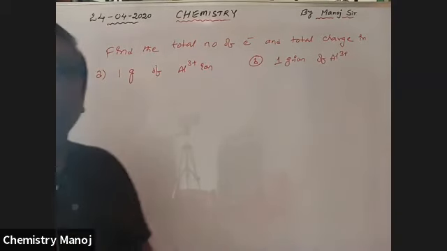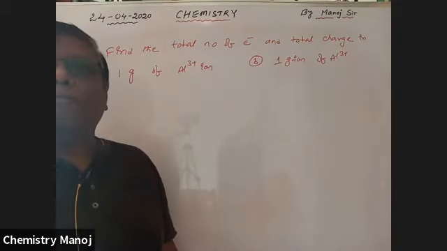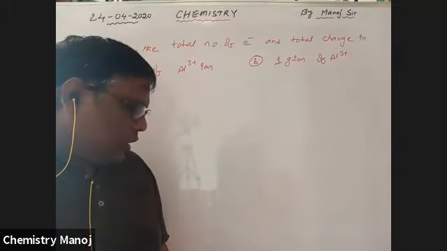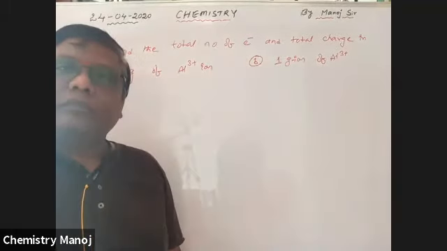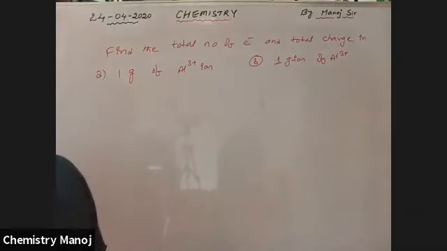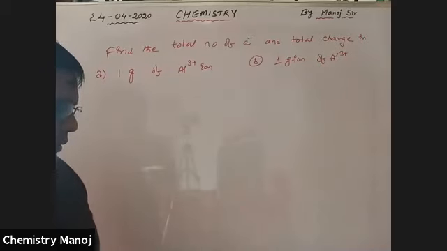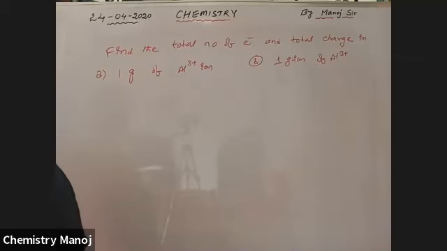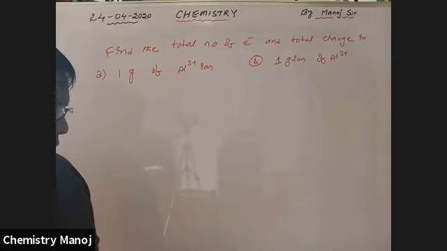Tell me, fast. 24n by 27, wrong. 10n by 27, yes, that is the number of electrons, correct? 10 N by 27, capital N. Now, how much is the charge?